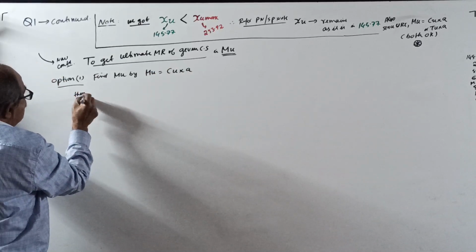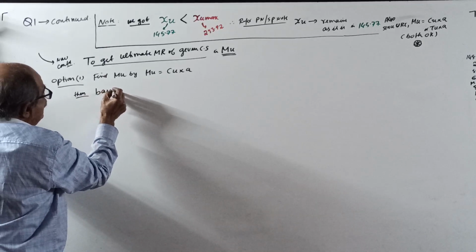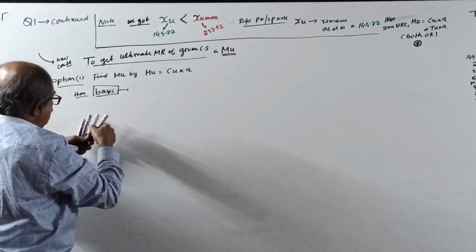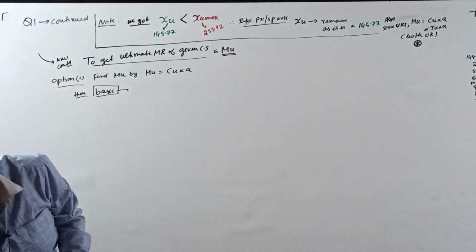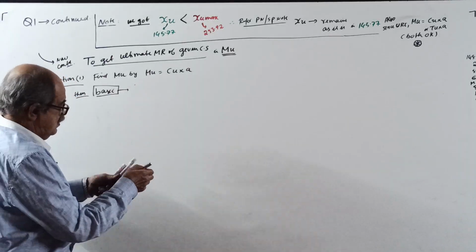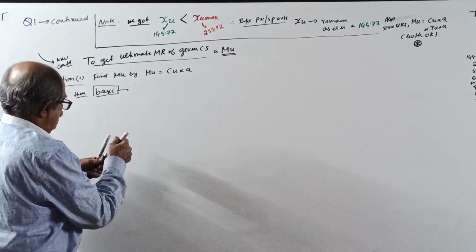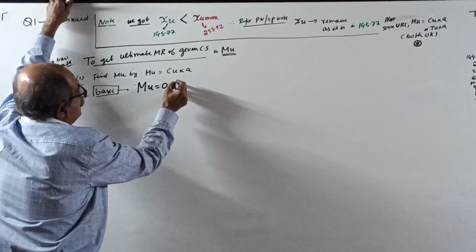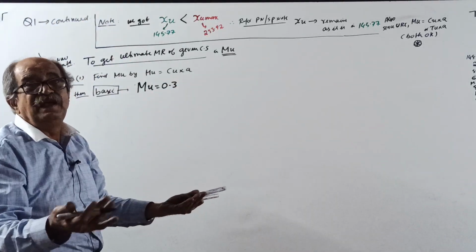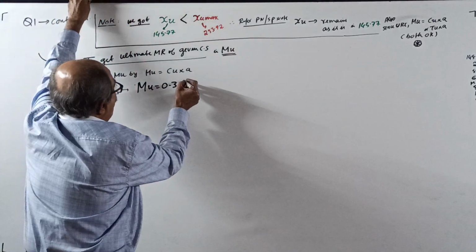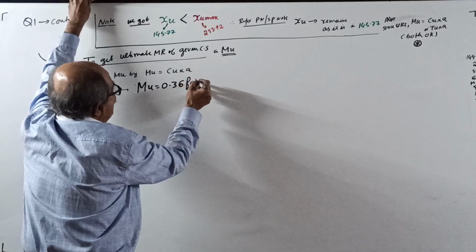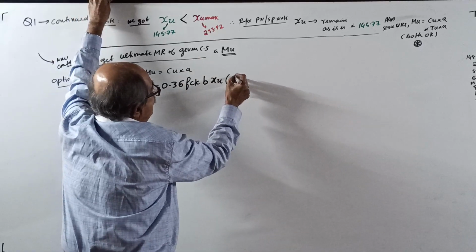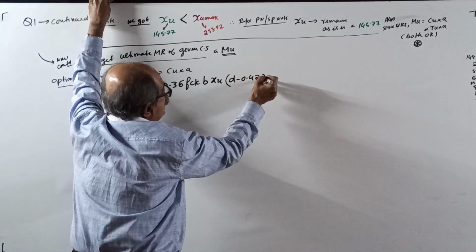The basic equation, if you go for the basic derivation, is Mu equal to 0.36 FCK into B into XU into D minus 0.42 XU.